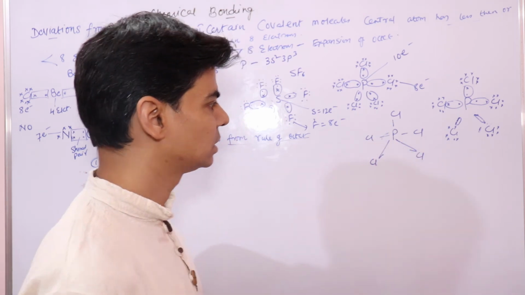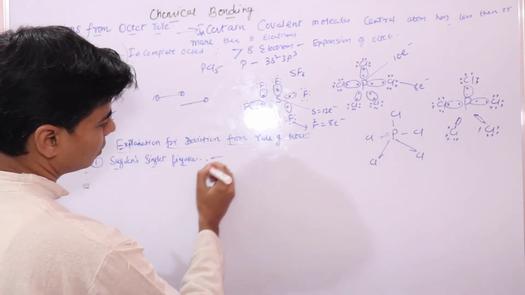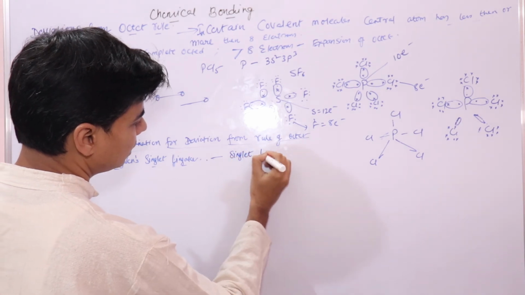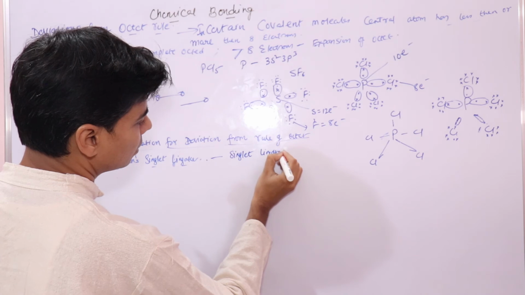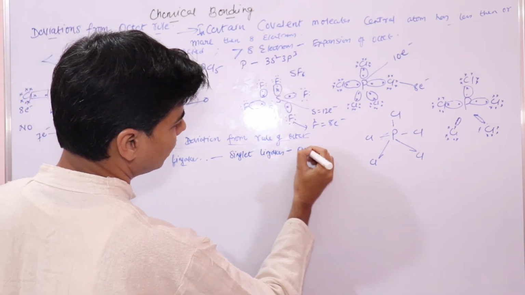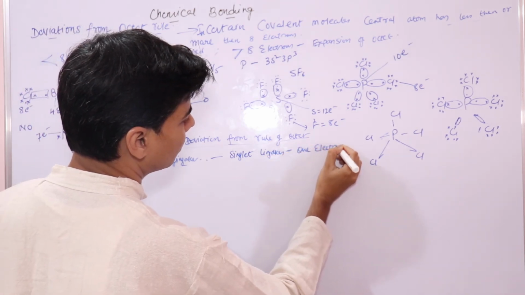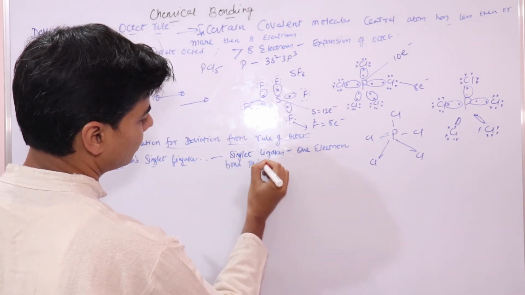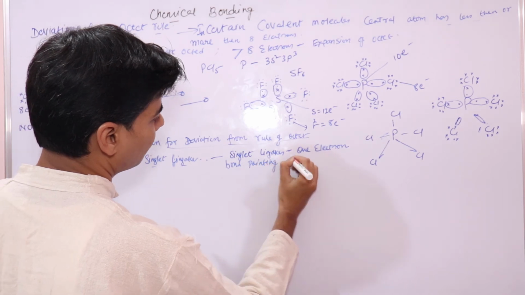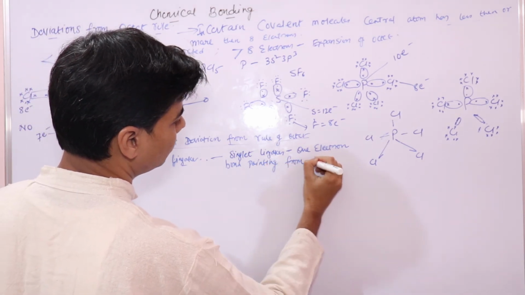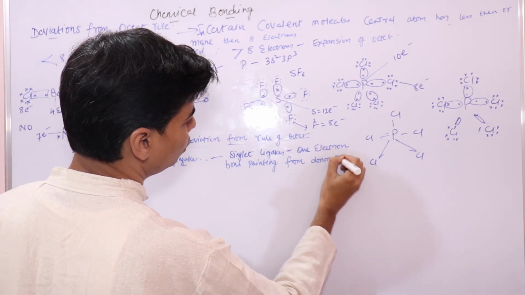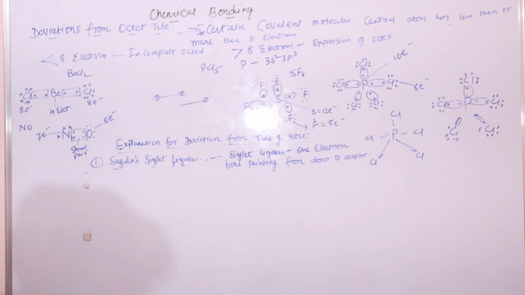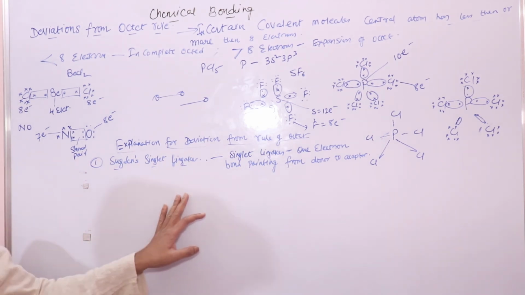Donor is phosphorus in this case. So here we have singlet linkages. A singlet linkage is a one electron bond, pointing from donor to acceptor. This is Sugden's concept.